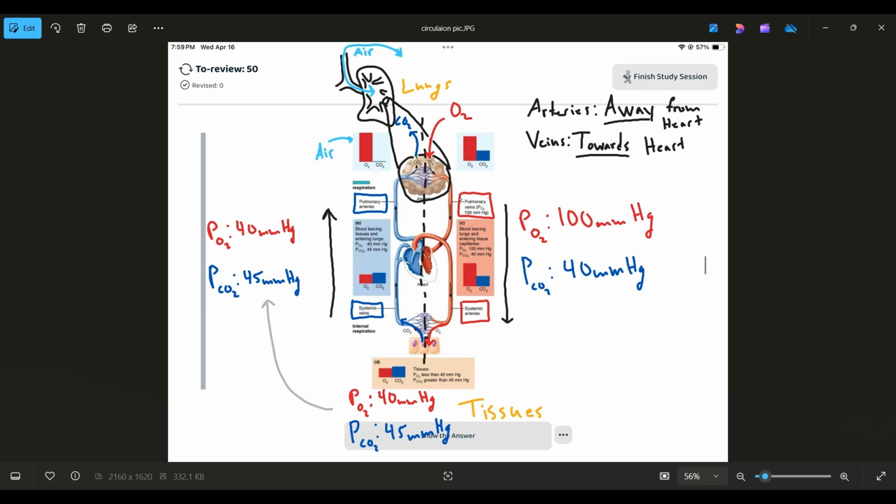Then on the other end of the alveoli, the capillaries come together and form the pulmonary veins. The veins go towards the heart. This diagram shows the pressures of oxygen and CO2 in the pulmonary veins, and we're on the right side of this diagram now. This blood, they mark it in red, and that means it's oxygenated now.